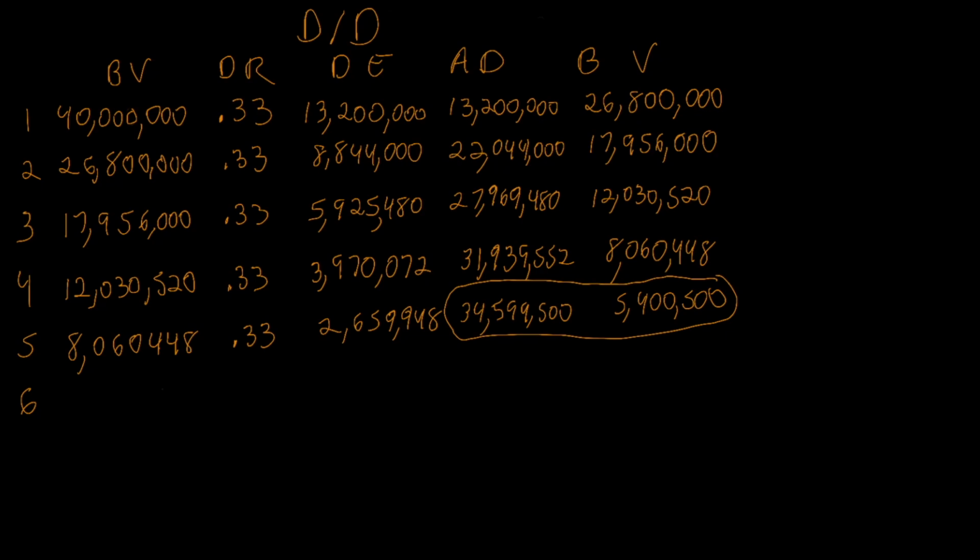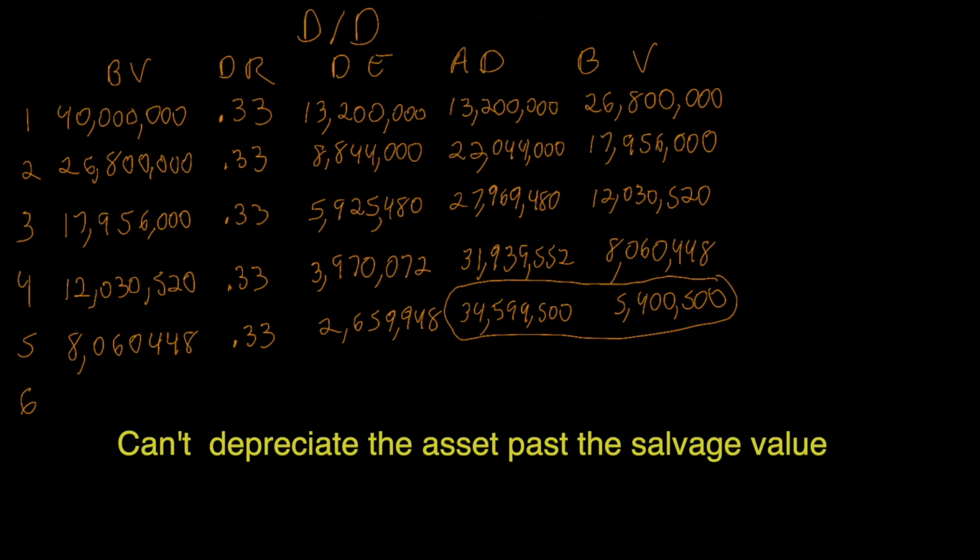Here's the deal, gang. Accumulated depreciation is slowly creeping up to the full amount that this asset could be depreciated, which is $36 million. So we need to keep an eye on that because we cannot depreciate it more than that on next year's depreciation.